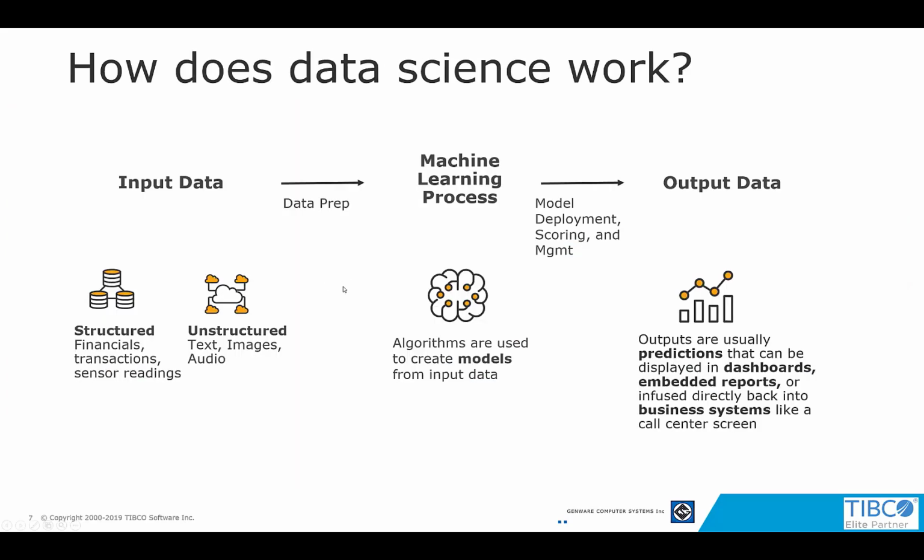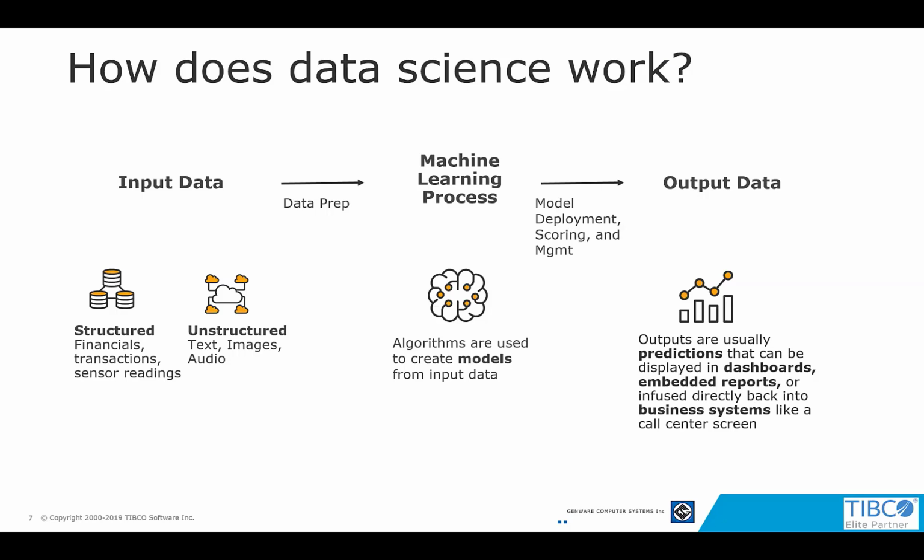So how does data science work? This essentially defines it in 3 steps. You have input data, where you've got both structured and unstructured data. Structured data, things like your traditional databases, could be stored at rest, could be sensor readings coming in as a streaming data source as another example.